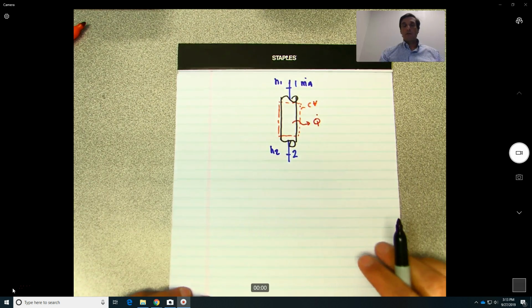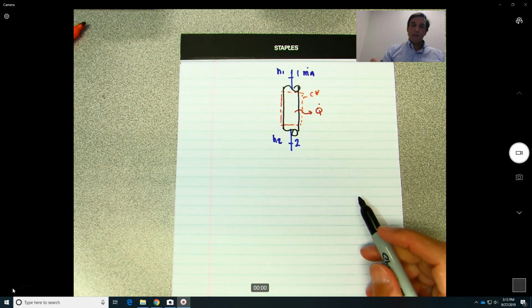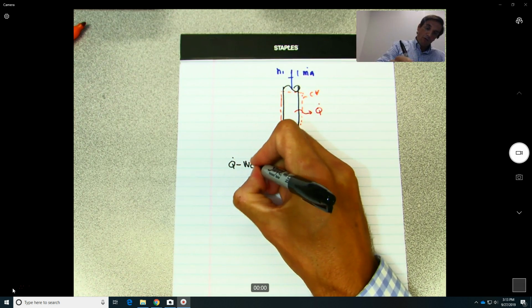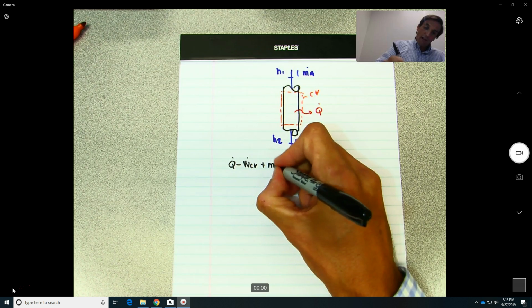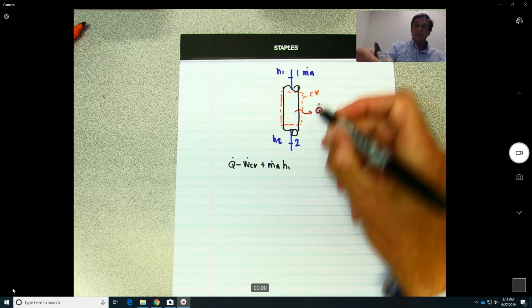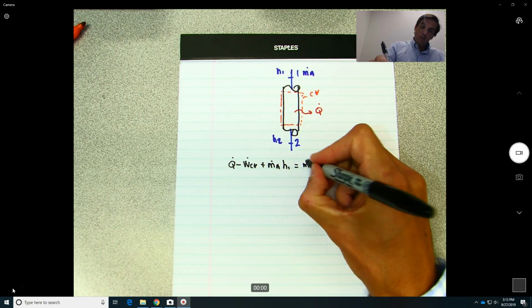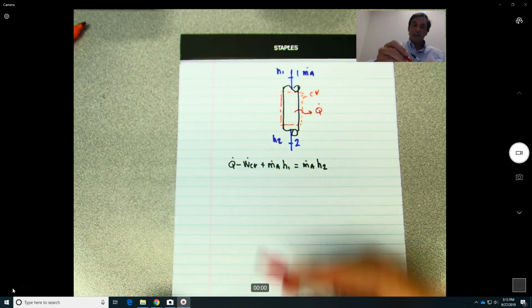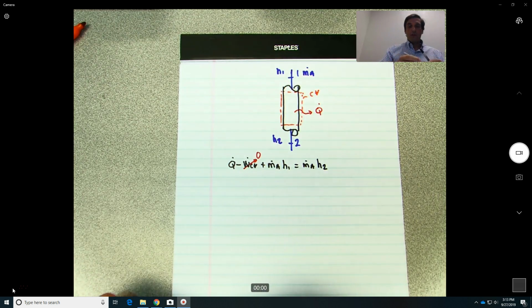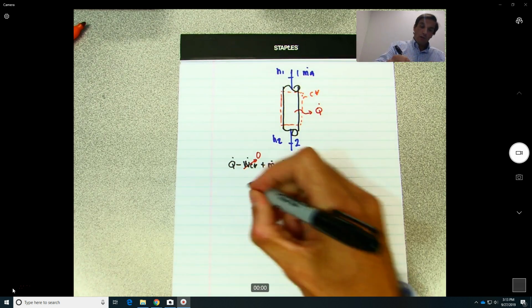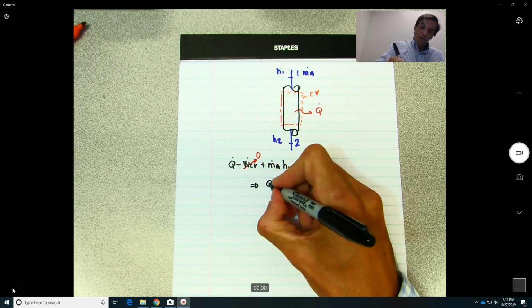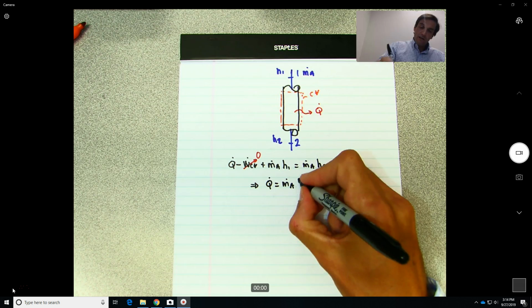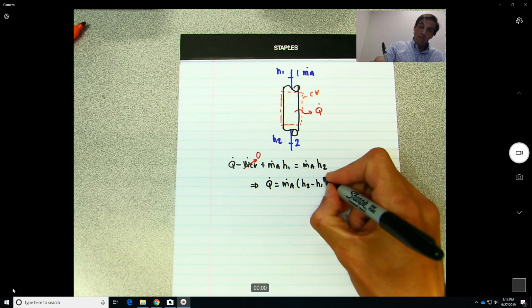So now again, we're going to rewrite the first principle of thermodynamics for this control volume. So we have Q dot minus work control volume power plus M of air H1 is going in, will be equal to the mass flow of air H2 leaving. In this case, again, there is no power in or out, so we have that Q will be equal to M of air H2 minus H1.